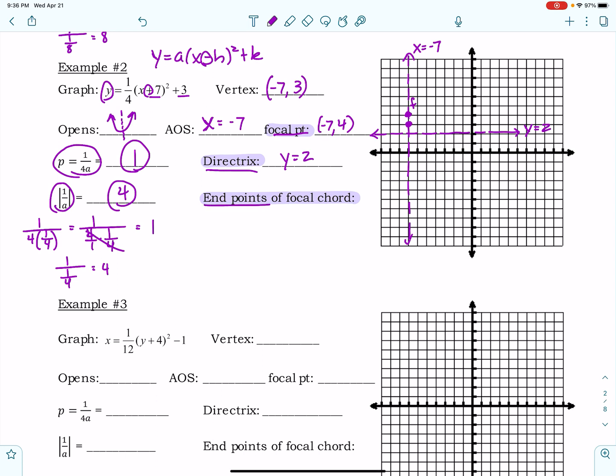It measures 4 through the focus, so that's going to be 2 on this side, 2 on this side. So the endpoints of my focal chord are going to be -9, +4 and -5, +4. Okay, easy peasy, lemon squeezy.